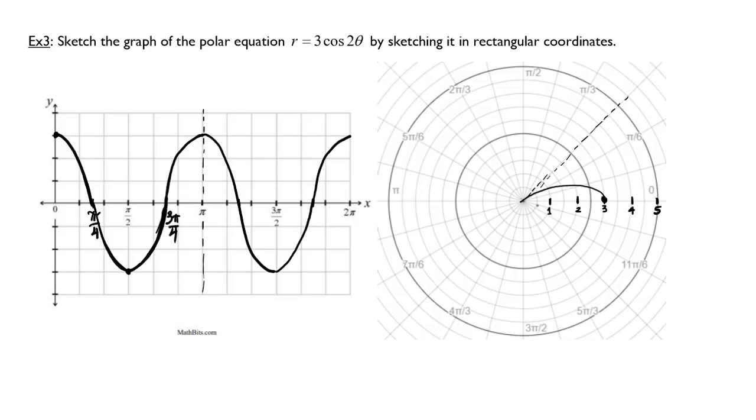And then between pi over 4 and pi over 2, all my radiuses are going to be negative. They're down here. And they're getting bigger negative, which means they're going to be down here.